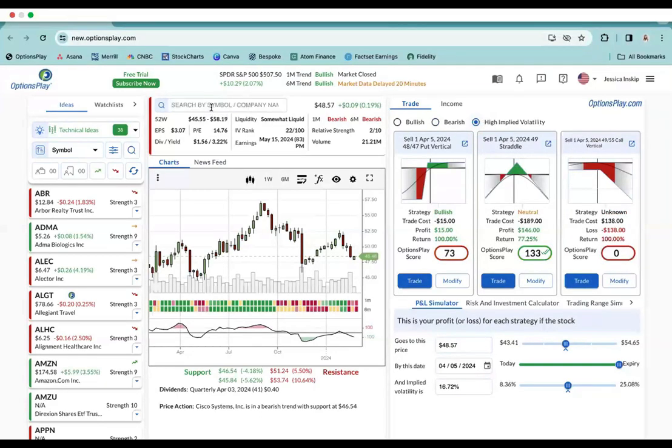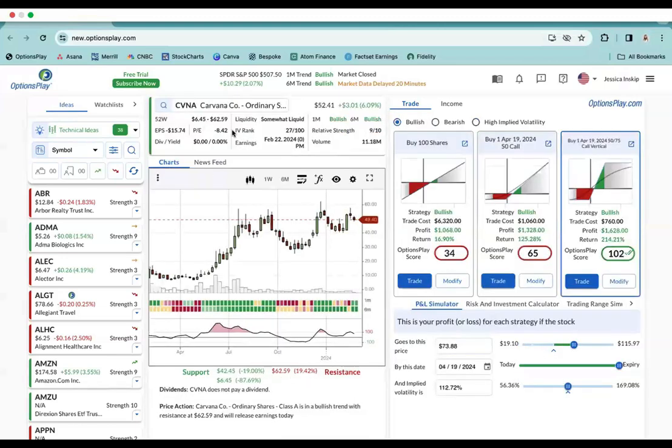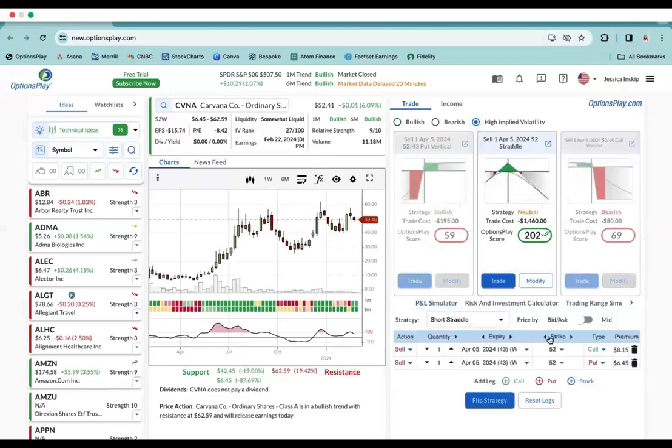Sorry, we were looking at Carvana. So let me put this back into the March. I think I froze my computer. Oh, I'm doing the strikes.